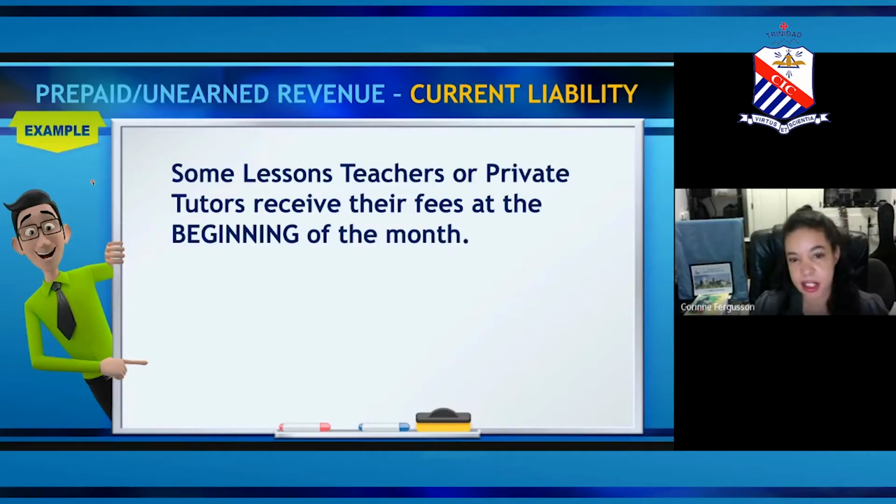So some lessons teachers would earn their money like a teacher for the month, and then you pay them at the end of the month. But then there are other lessons teachers that will ask for the payment before or in advance. So like today is the 1st of July. If you're doing lessons, you would go and you would pay them in advance for the month, whatever the fee is, like $300 or $400 or whatever the fee is, you would pay them that amount at the 1st of July.